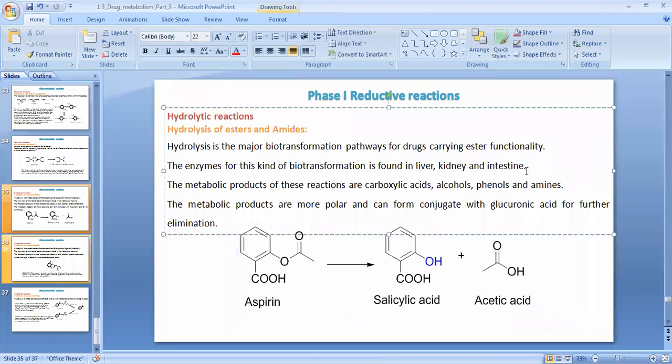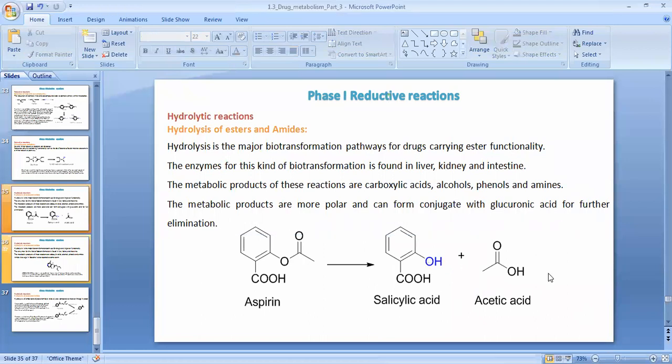and in the intestine. So, ester after hydrolysis, from what is the ester molecule formed? We have seen that the ester functional group is formed from an acid and an alcohol. Now the acid and alcohol combine to form the ester functional group, and if it is hydrolyzed in our body, it is converted into salicylic acid and acetic acid.